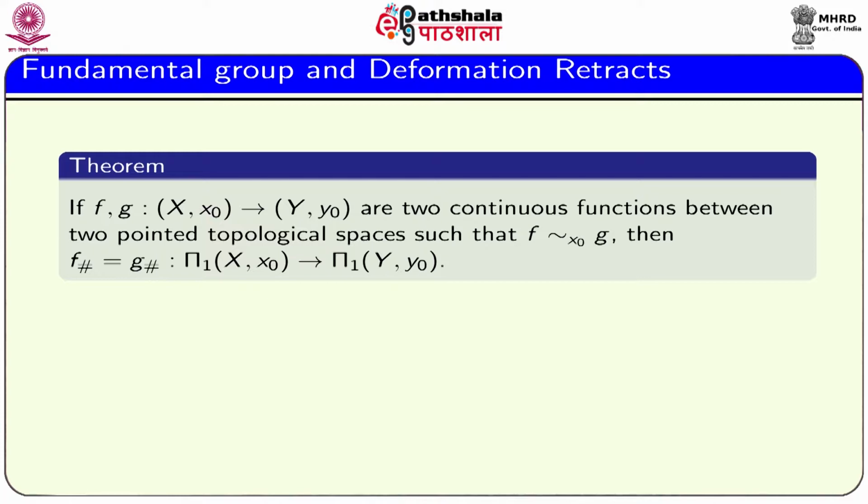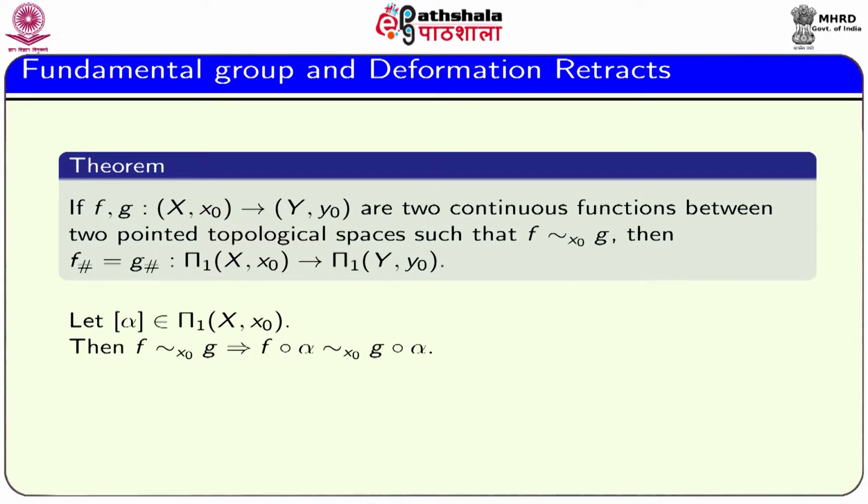Now, we prove another theorem: suppose f and g are two continuous functions between two pointed topological spaces such that f is path homotopic to g based at x0. Then f sharp and g sharp are actually the same map. Suppose I take any element from the fundamental group pi1(X, x0), let us call it class alpha.